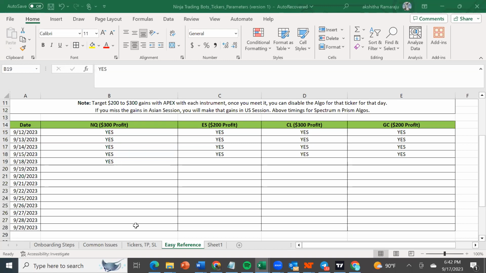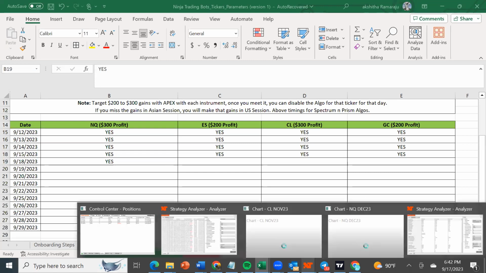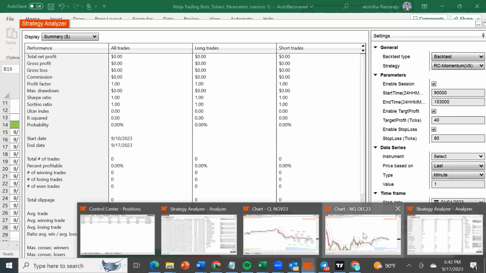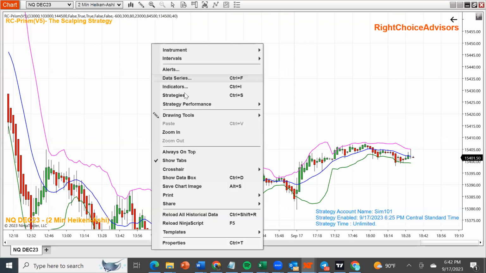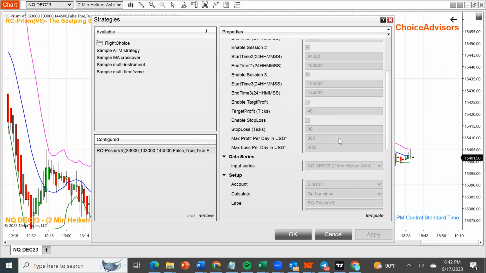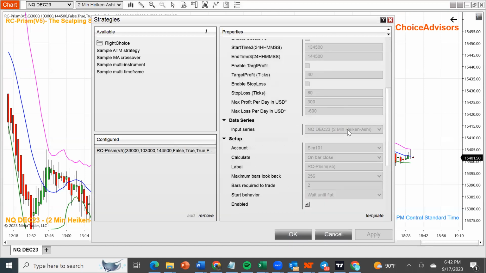This will help you. Once you enable it, basically it will save those timings. Once you put in your strategy and enable these strategies, they will get saved. You don't need to modify them every time.